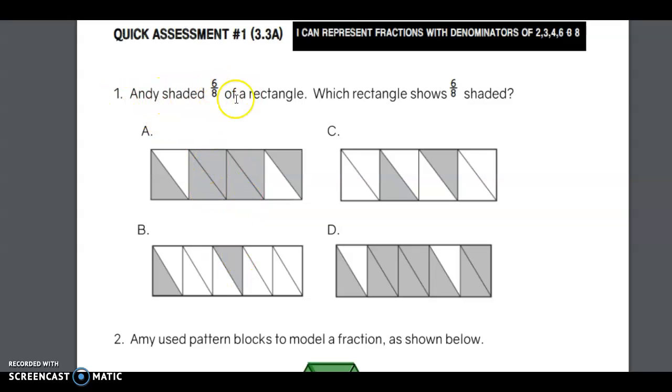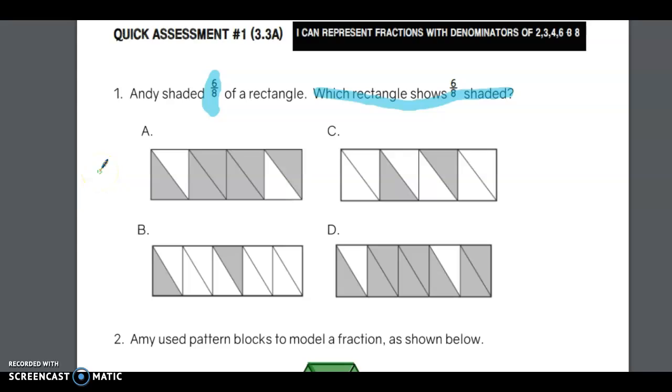Andy shaded 6/8 of a rectangle. Which rectangle shows 6/8 shaded? Well, it's asking me to find the rectangle that represents 6/8. To do this, guys, I want you to start by counting your denominator first.